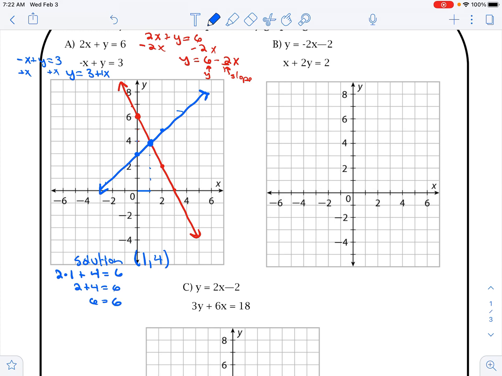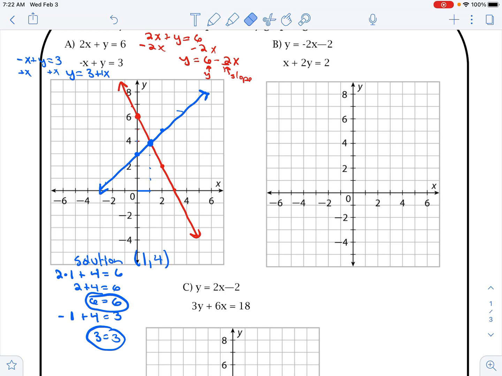So 6 equals 6. That is true. I do the same thing with the other equation: negative 1 plus 4 should equal 3. Negative 1 plus 4 is 3. 3 equals 3. So we're not saying that they equal the same number. We're saying that the statement is true.